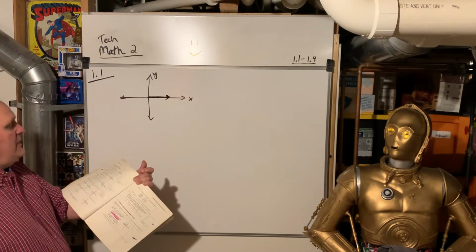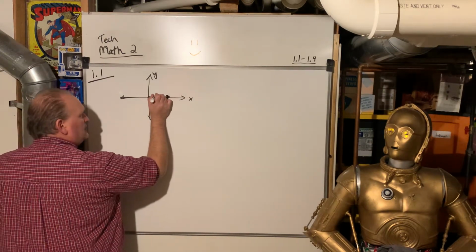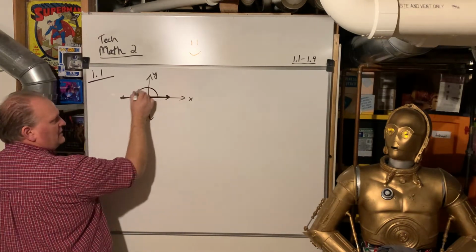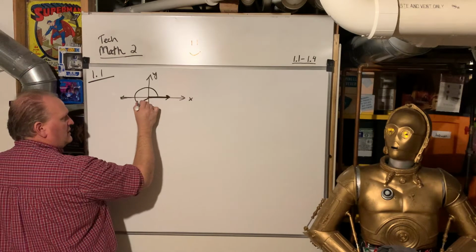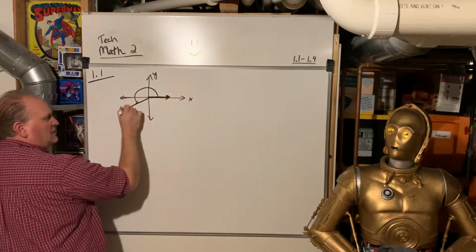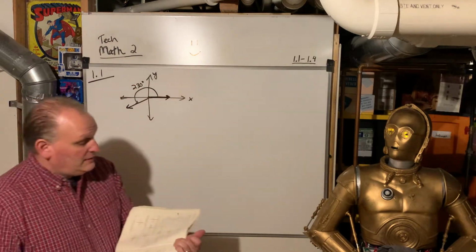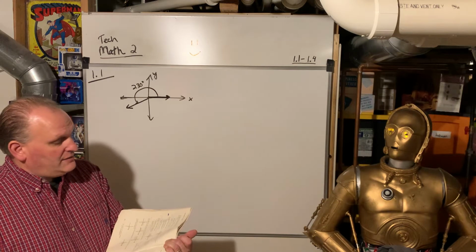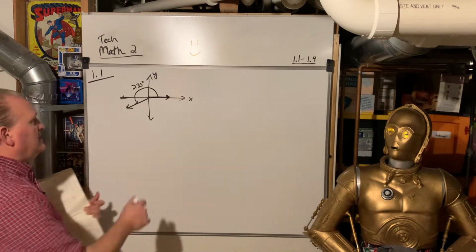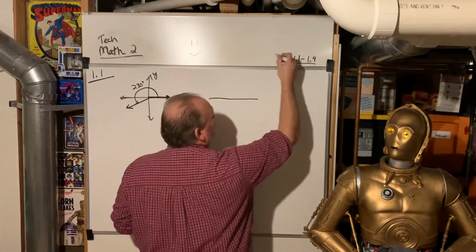If you look at number 3, it goes to 230 degrees. Remember, this is 90 right here, 180 right there. So 230 is between the 180 mark and the 270 mark. So this is 230 degrees. Now it says the angle was generated by the rotation in a clockwise or counterclockwise direction. Remember a clock face?